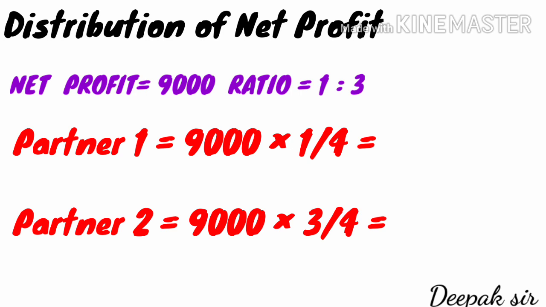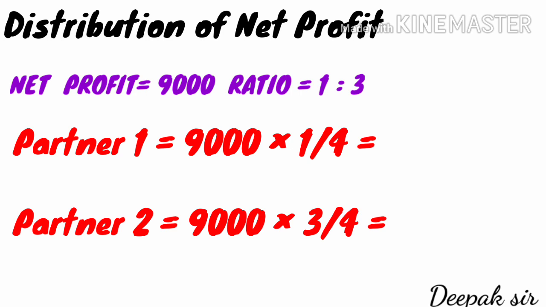So denominator will come 4 for the first partner. Now partner 2, again the net profit amount will come, that is 9,000 multiplied by second partner share is 3. So it will come 3 divide by 4. Denominator will always come same.